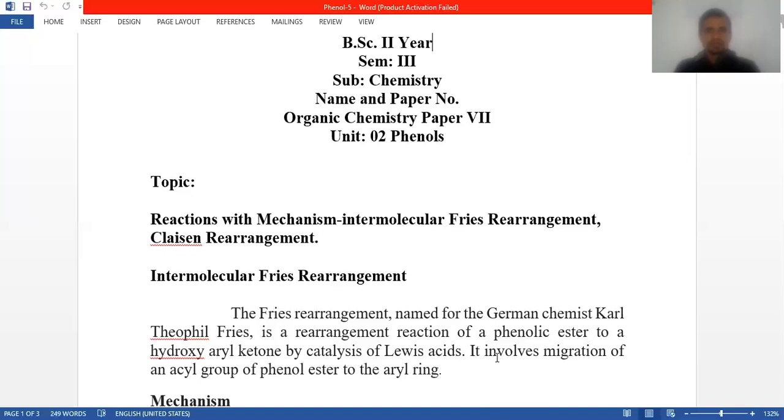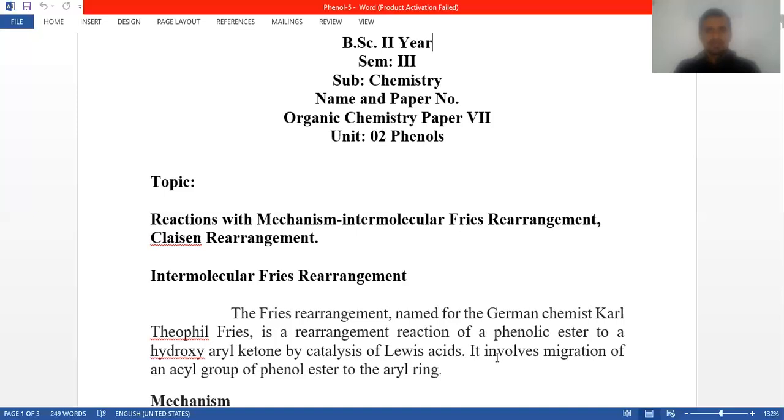Simply, the Fries rearrangement is a reaction of the phenolic esters. Phenolic esters are converted into the hydroxyaryl ketones, and the catalysts used in this reaction are Lewis acids. Lewis acids may be AlCl3 or FeCl3.